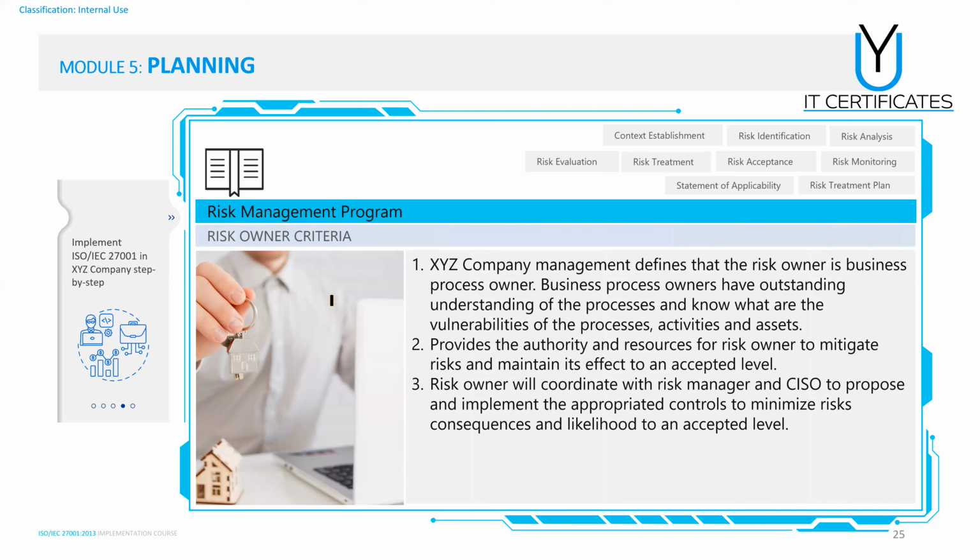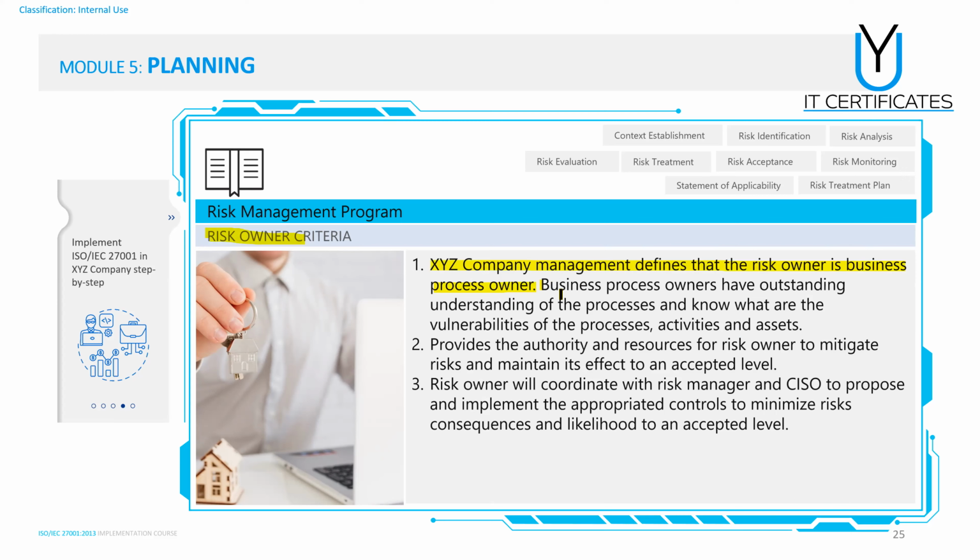The risk owner criteria: we have to define the risk owner, who will be responsible for managing the risk. Here, XYZ company defined that the risk owner will be the risk process owner.